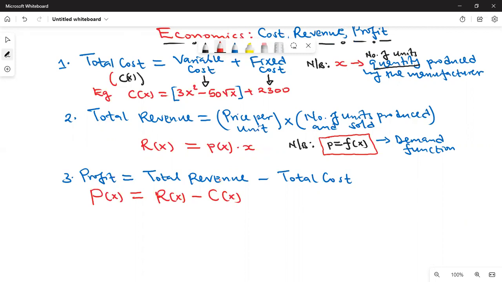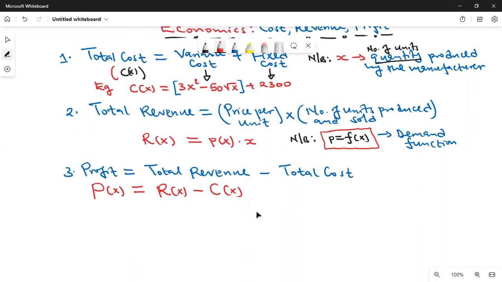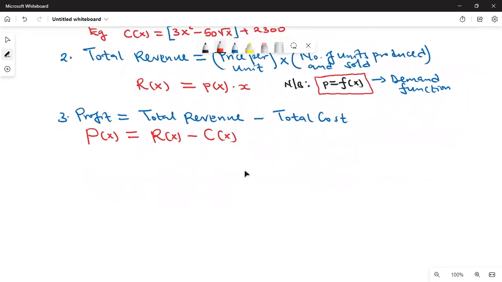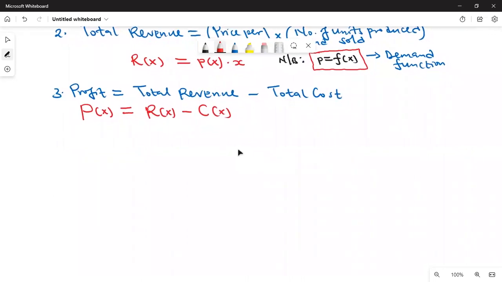Now, apart from the three, cost, revenue, and profit, we have what is called marginal cost, marginal revenue, and marginal profit. Let me talk about those three. Number four, marginal cost. The word marginal, what does it mean?